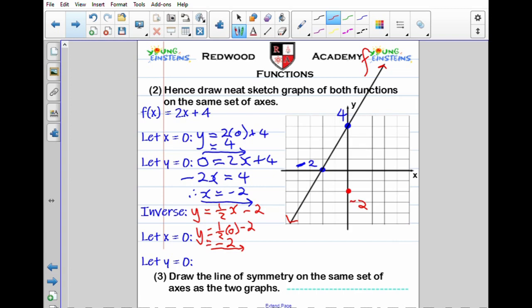Okay, then let y equal to 0. So if I let y equal to 0, I'm going to get 0 equal to a half x minus 2. All right, and from there, I just got to solve. So I'm going to take the 2 over, and I'm going to have a half x equal to 2. And if I times both sides by 2, I'm going to get x equal to 4.